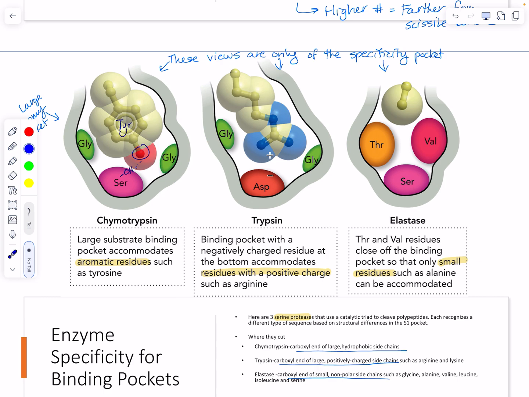So that's how this binding site can have two different amino acid residues projecting into it and still be happy, okay? All right, so trypsin, right? It's going to be large positively charged, so arginine and lysine. Those are the guys that are going to come in here, okay? Which one is shown here? Is it arginine or lysine?